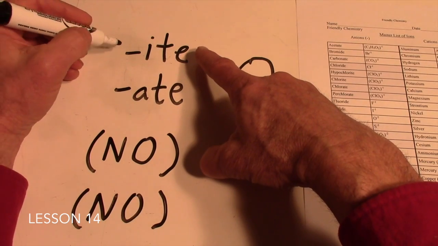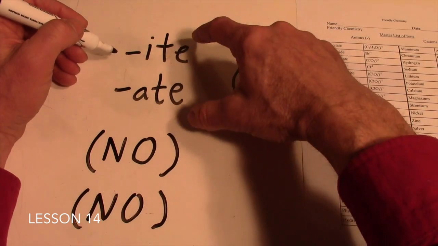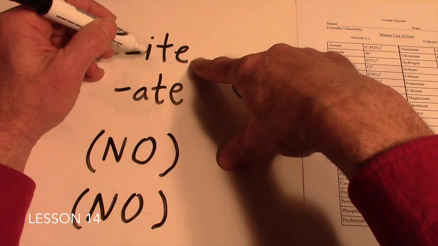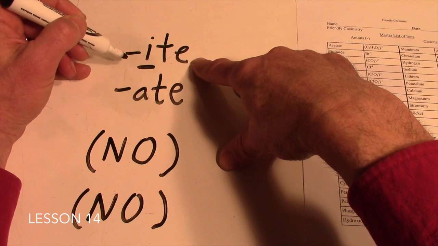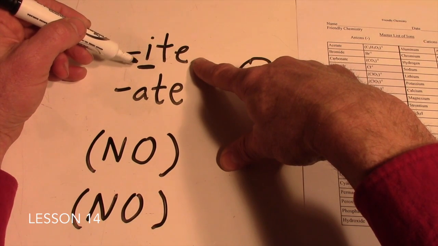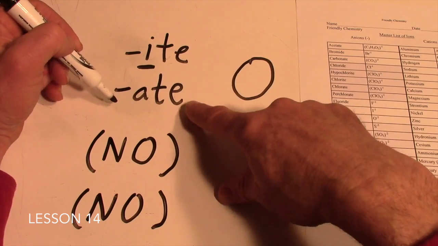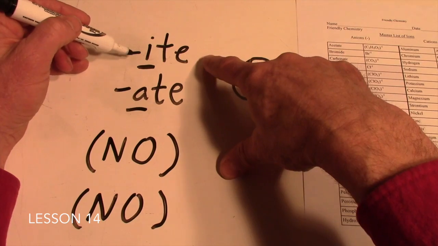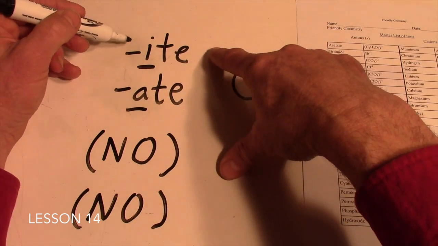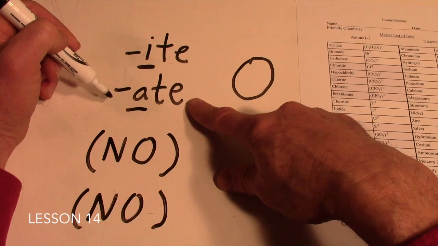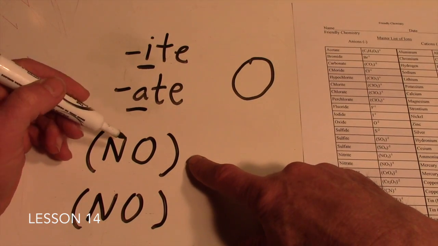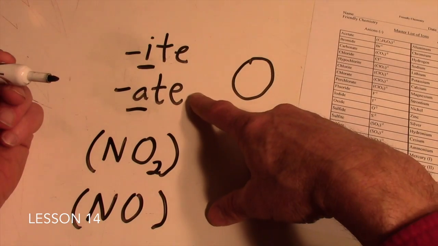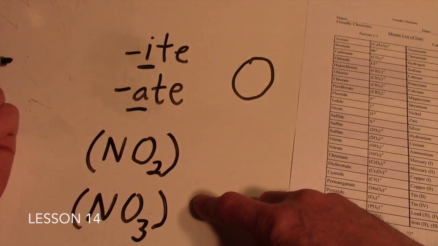The next thing is that the ions that come in sets like these, like nitrite and nitrate, the ion that ends in -ite will have fewer oxygens than the ion that ends in -ate. So we say -ite is less than -ate. In the case of nitrite here, nitrite has 2 oxygens present, whereas nitrate has 3 oxygens present.